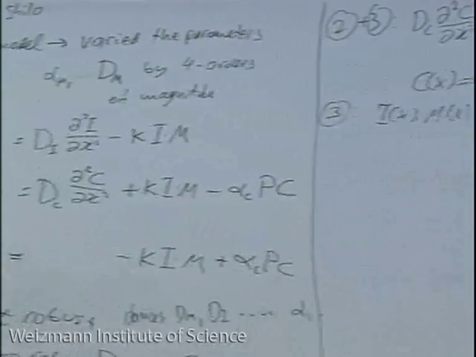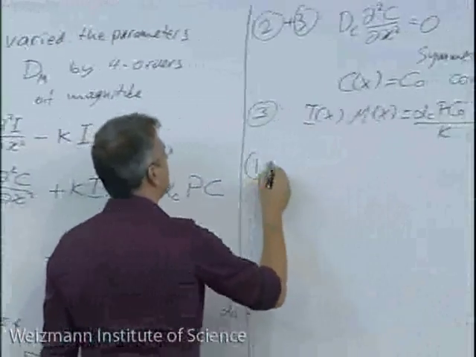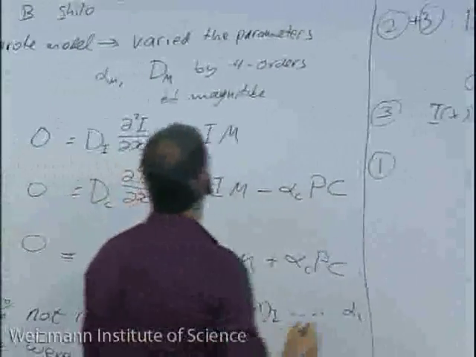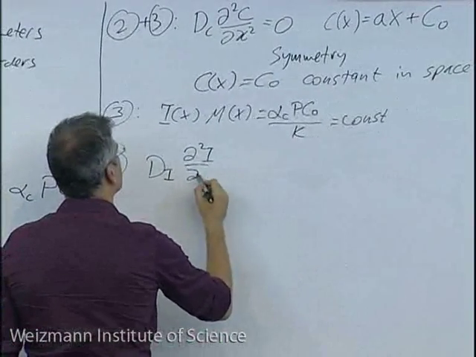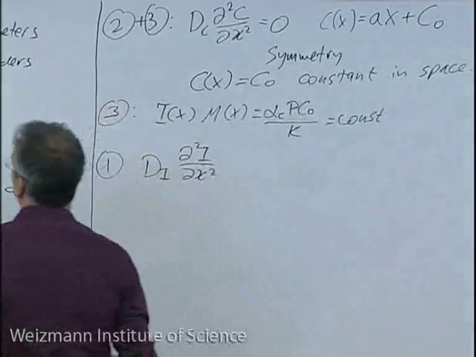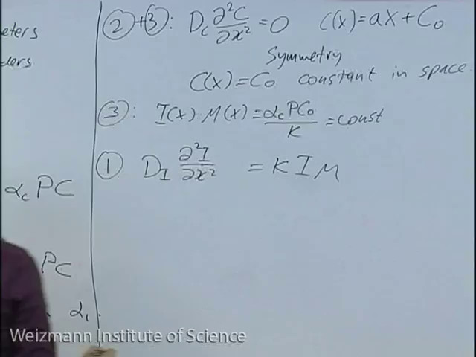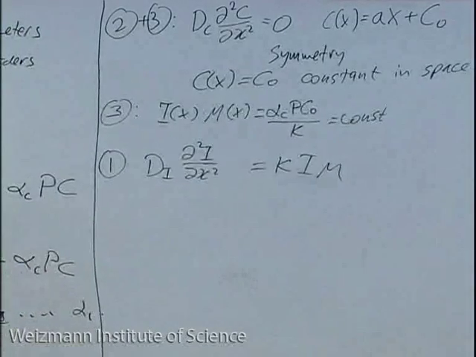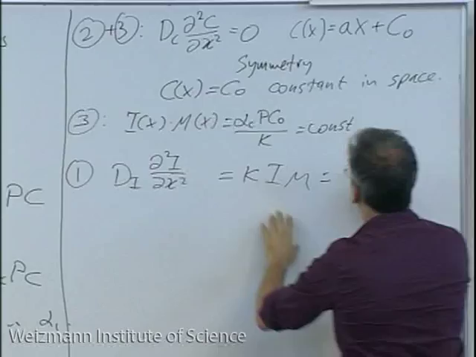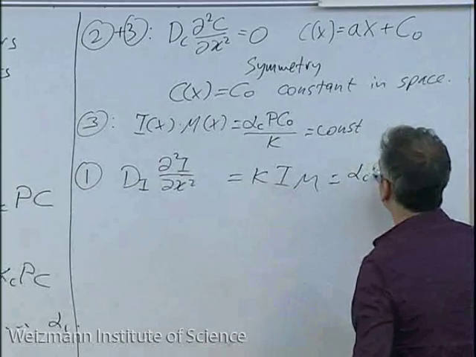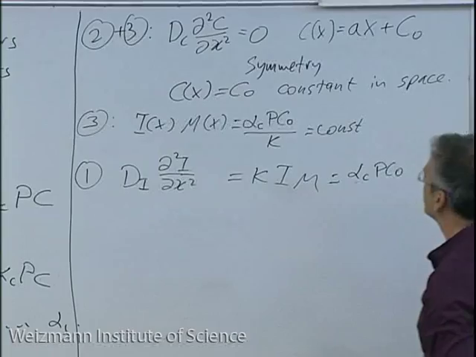And now let's use that in equation 1. In equation 1, we have di times d2i over dx squared equals kIM. This is what I got from moving this here, and this is constant. Kim is constant.